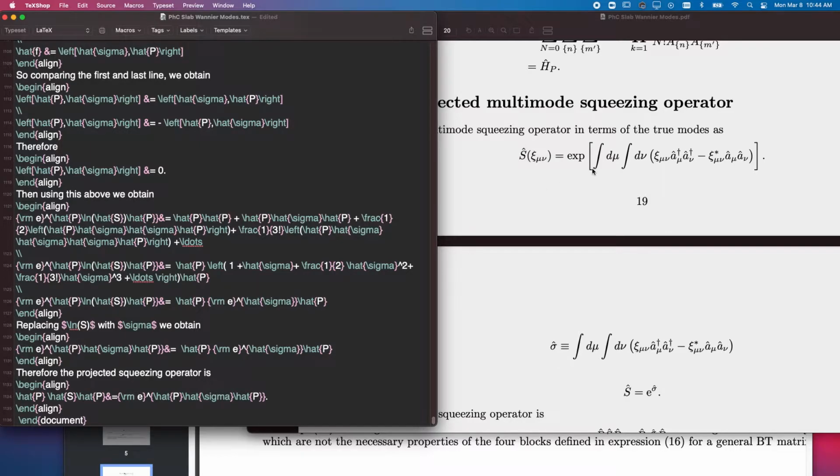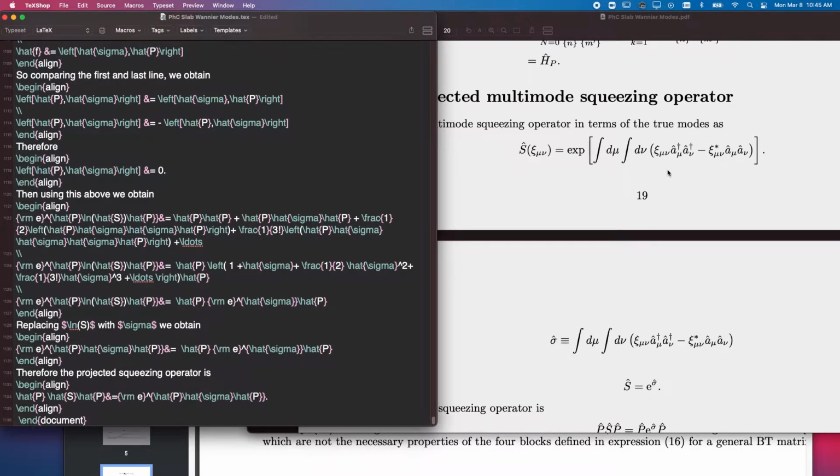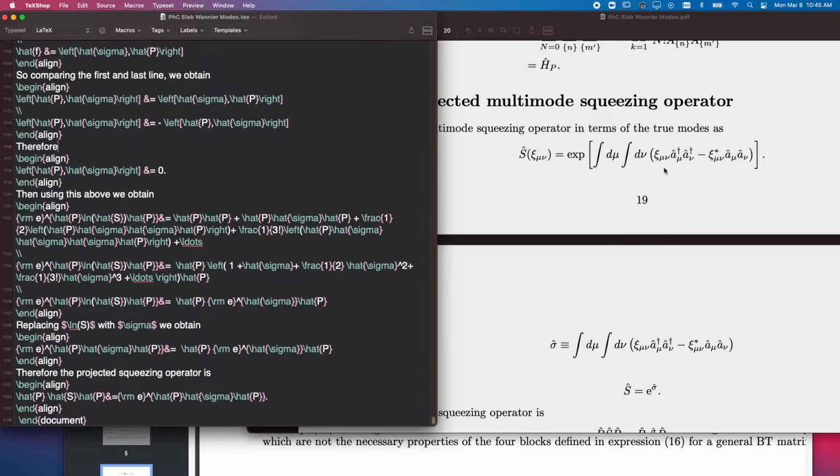Alright, and so this is written in terms of a daggers, which are the true modes. They're the modes which satisfy Maxwell's equations, and they have real frequencies. And the modes are eigenstates. So we could start in vacuum, let's say, and let's assume there's no light in our crystal.